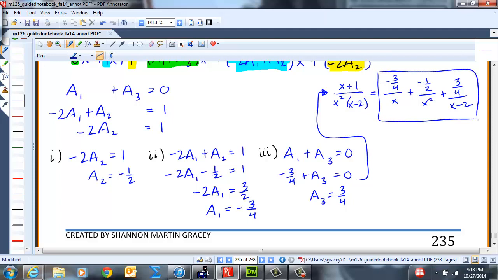So there you go, your partial fraction decomposition for that one.